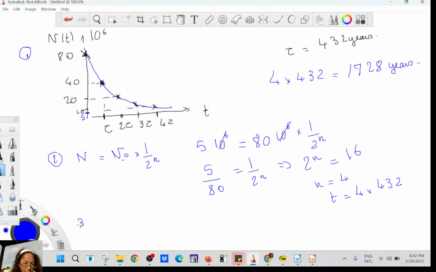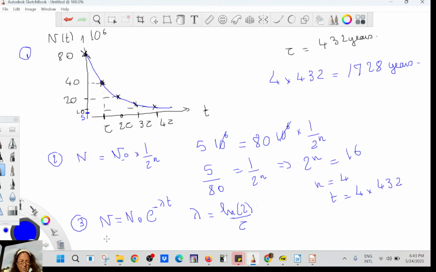And then if you really want to do the hard way, why not? Then you can write the equation for exponential decay, where lambda is the natural log of 2 divided by the half-life, and you can solve for t here.